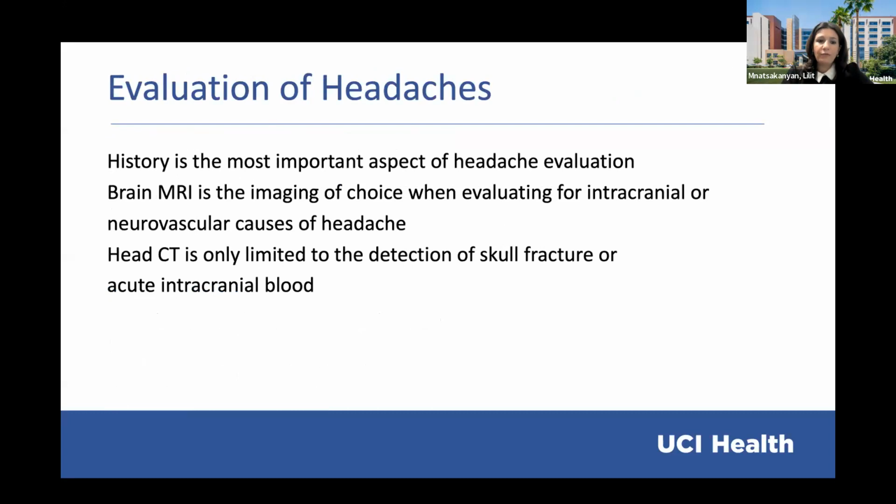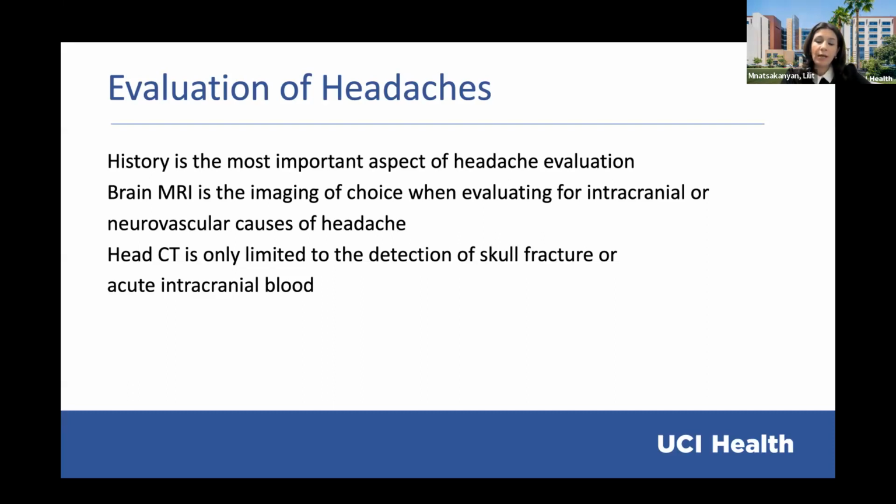So how do we evaluate for headaches? It starts with the history. It's the most important aspect of the headache evaluation. Brain MRI is the imaging of choice because it allows more detailed anatomy of intracranial structures and looks for neurovascular causes of headaches.